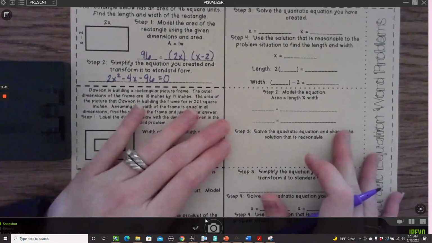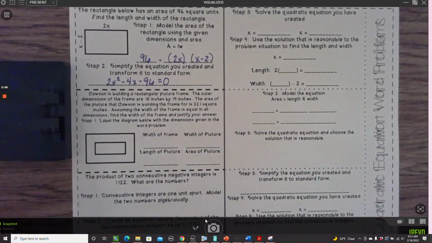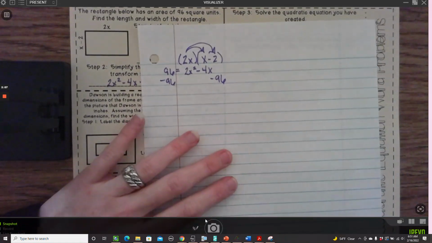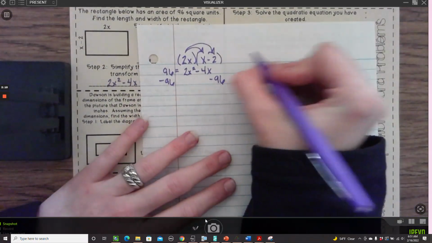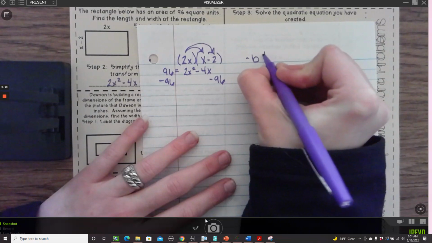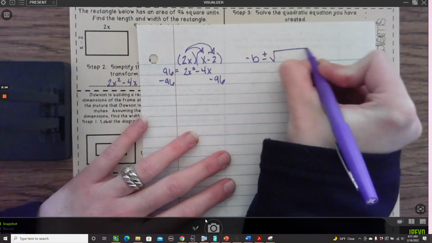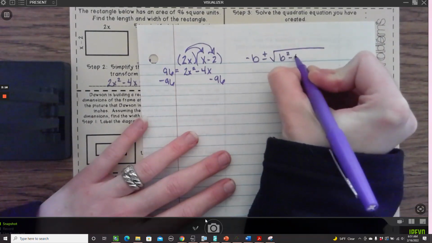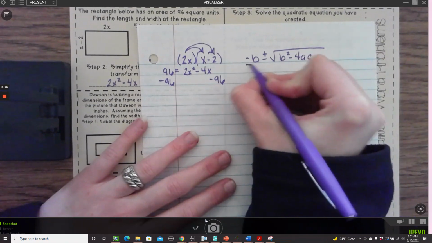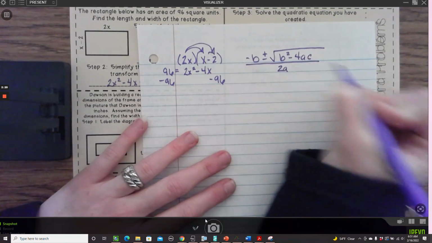That's fine. All right, step 3 is to solve the quadratic equation you have created. I have a feeling that our fallback method is going to be the quadratic formula. The quadratic formula again is negative b plus or minus the square root of b squared minus 4ac, divided by 2a.